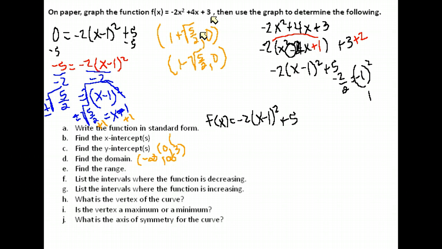Find the domain. Again, domain is negative infinity to infinity. We find the range. Well, for the range, we're going to want to know where our vertex is and whether this opens up or down. We decided that our vertex, based on our little formula here, should be at positive 1, 5.